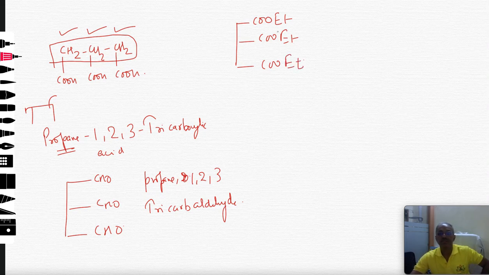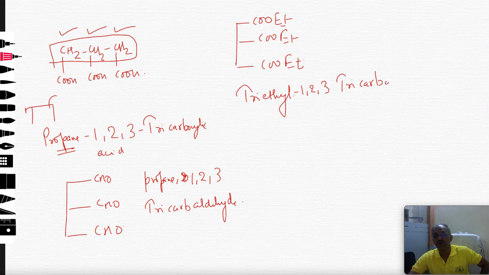Then since now directly attached to this O is an alkyl group, so it will be triethyl propane 1 2 3 tricarboxylate. Carboxylate. Fine.